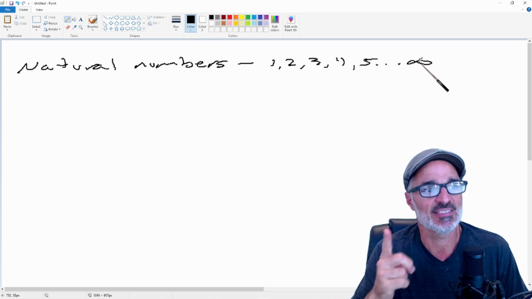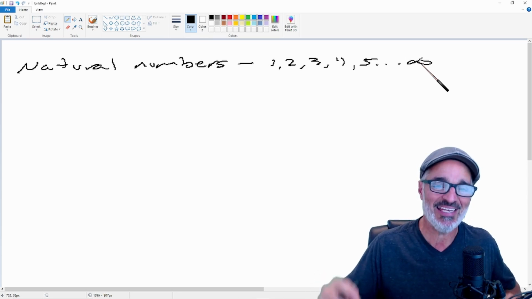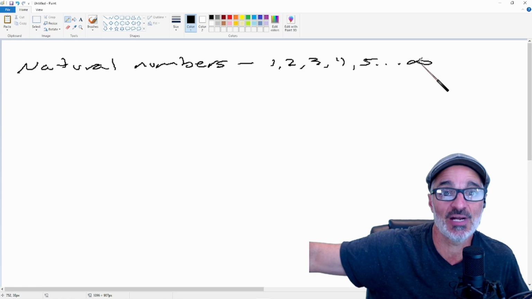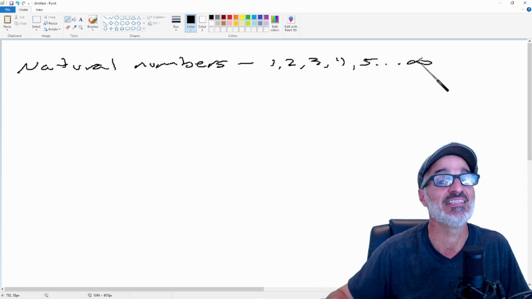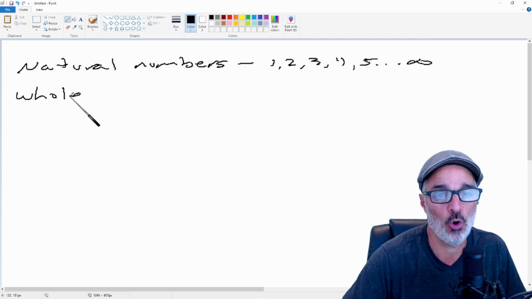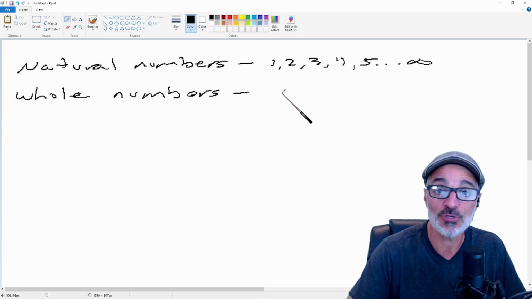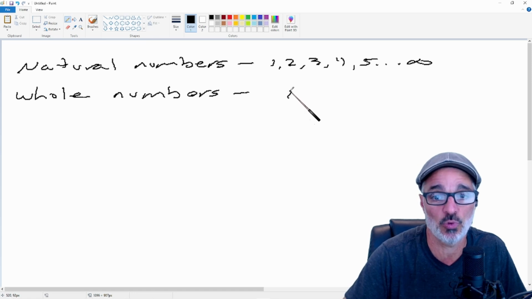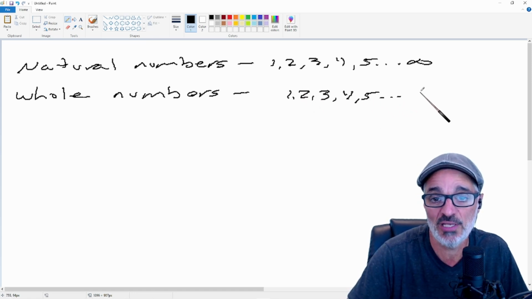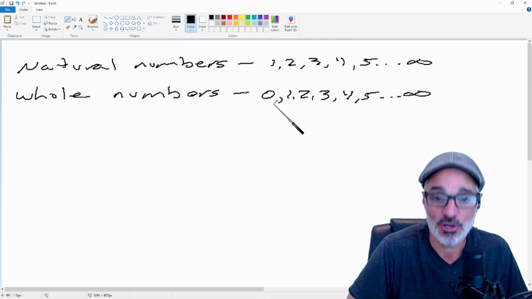And one of them says, "Okay, let's take the 0 and include it with all the natural numbers, but let's give that group a different name. We'll call those whole numbers." Whole numbers are the same as natural numbers, 1, 2, 3, 4, 5, all the way to infinity, but this group is going to include 0.